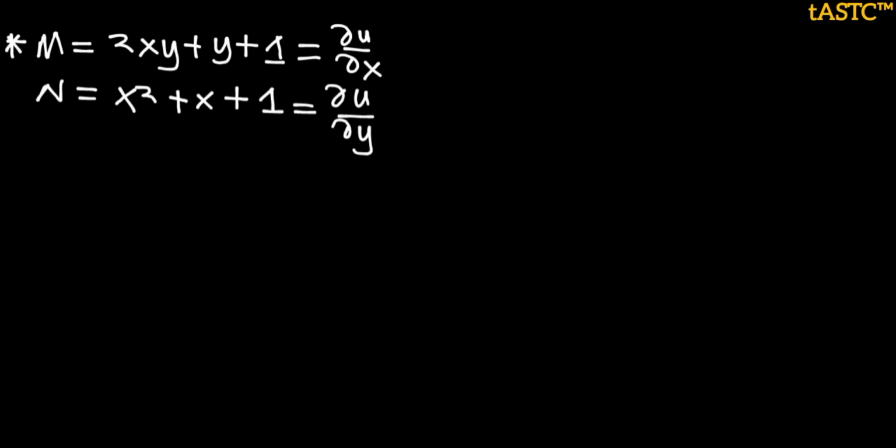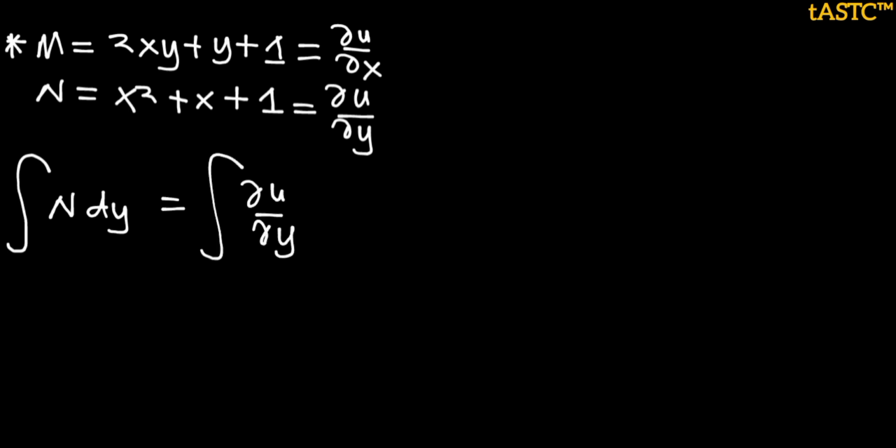Now next up, what I need to do is find out the integral of n dy. Now we already know what n is. n is the same thing as partial u, partial y, multiplied by dy. Now, if we cancel this dy with this one, we're going to have something like this.